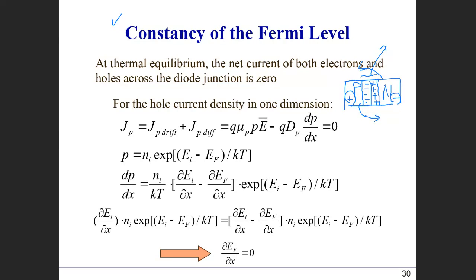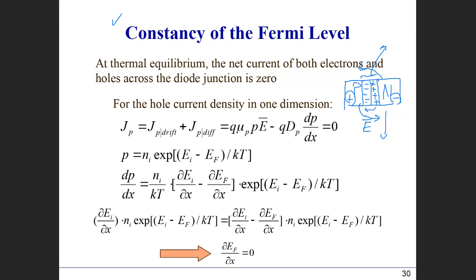Now, this creates the electric field in this direction at some point, and the electric field gets stronger as the diffusion goes further. And at the end, there is a balance between the diffusion and the electric field. Due to this balance, when you look at the total current flow throughout the structure, the net current at the so-called thermal equilibrium is going to be zero.